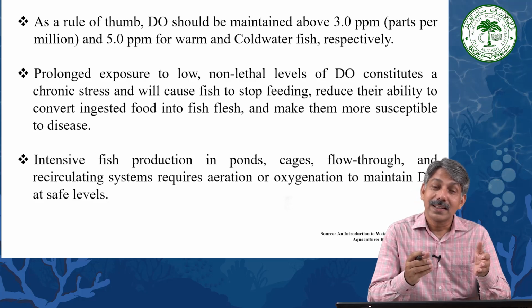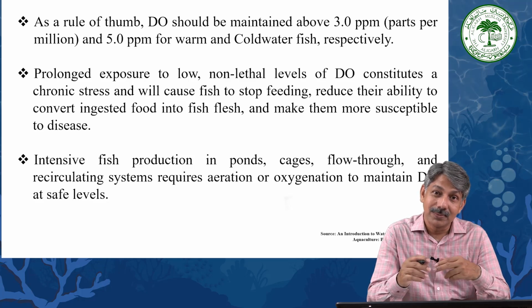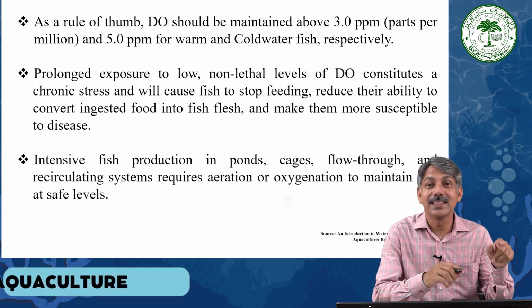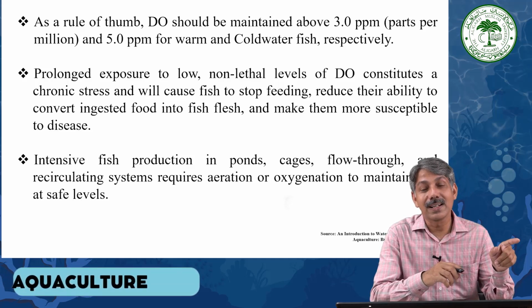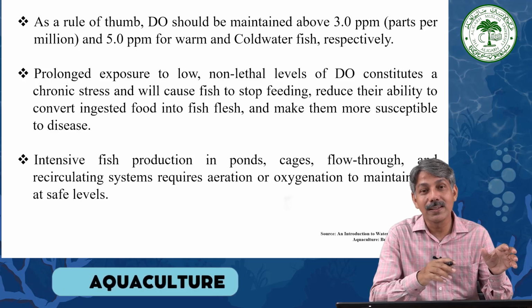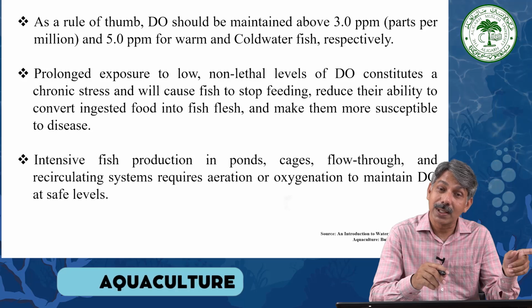And because of that, pH also comes down. I was telling you, temperature is related to oxygen, oxygen again is, and these are related to pH. So with fluctuation in one parameter, other parameters are also being affected.